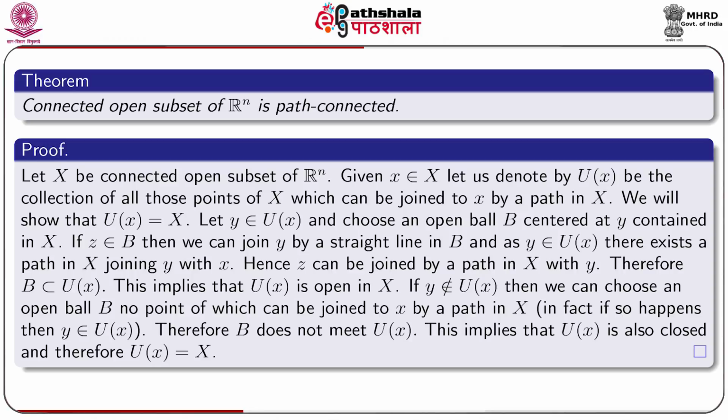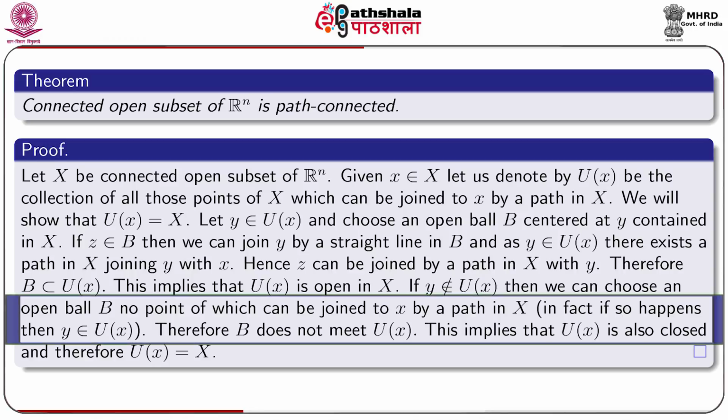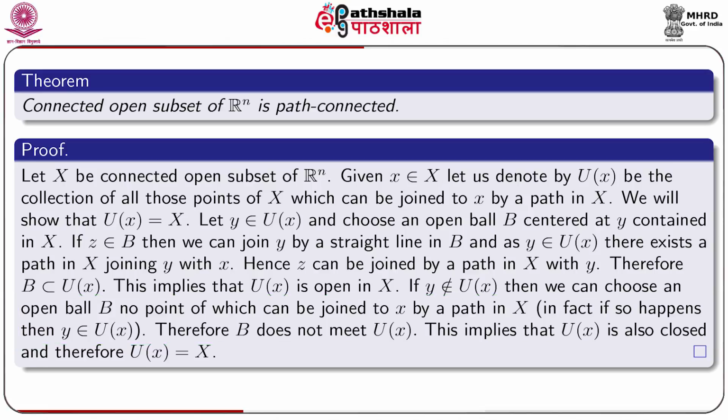Then we can choose an open ball B, no points of which can be joined to x by a path in X. In fact, if so happens, then y belongs to U_x. Therefore, B does not meet U_x.